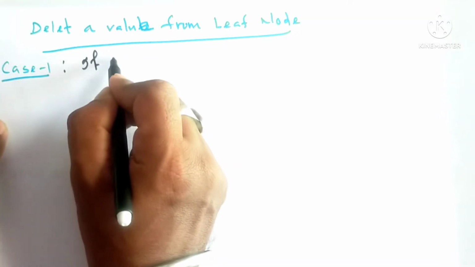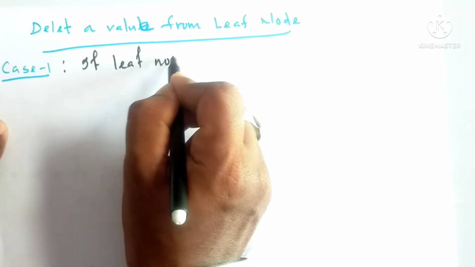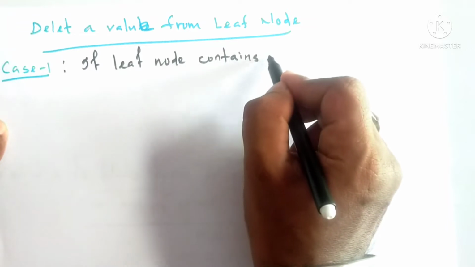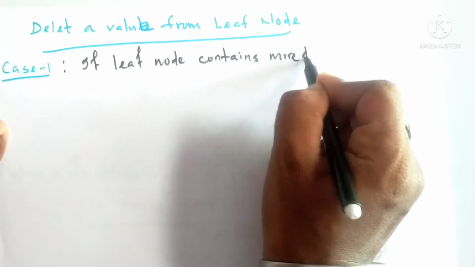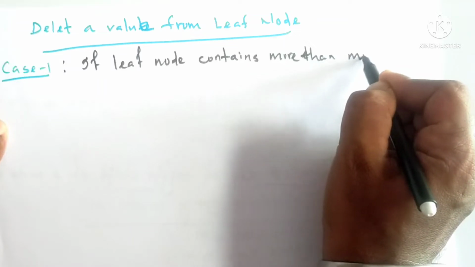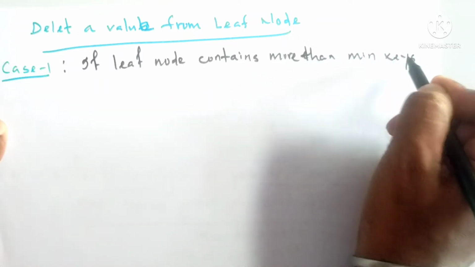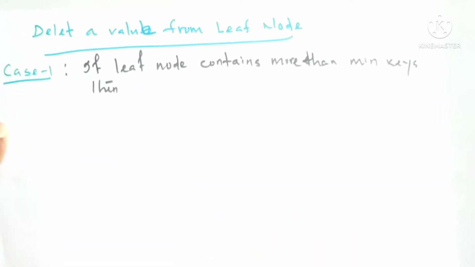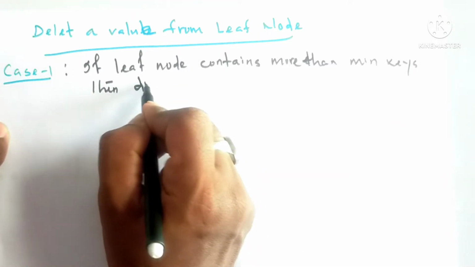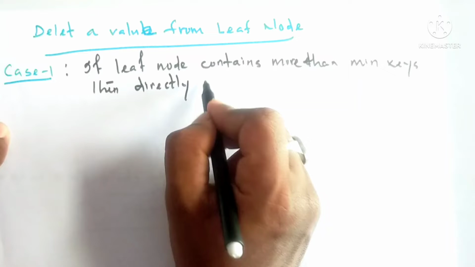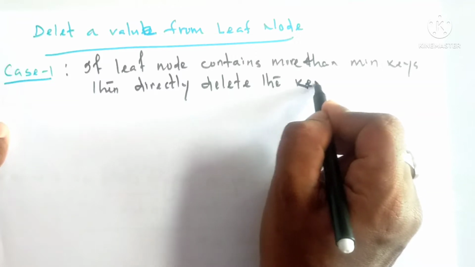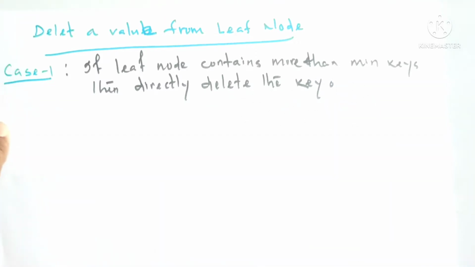If the leaf node contains more than the minimum keys, then directly delete the key. There is no issue. You can delete the key if the leaf node contains more than the minimum keys.